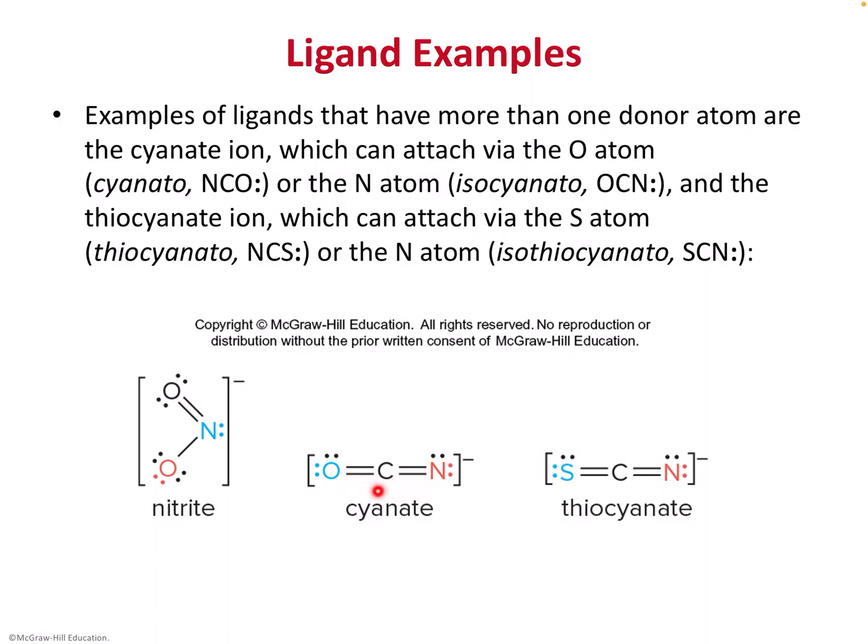Both of these cannot bind at the same time. It can attach via the oxygen atom, cyanato, or the nitrogen atom, isocyanato. And the thiocyanate ion can attach via the sulfur atom, thiocyanato, or the nitrogen atom, isothiocyanato.